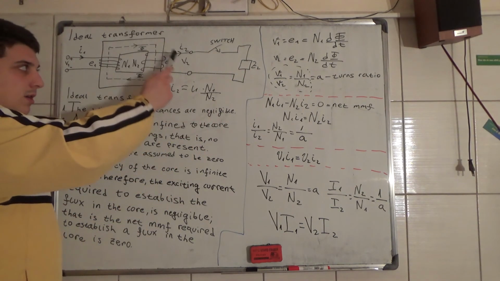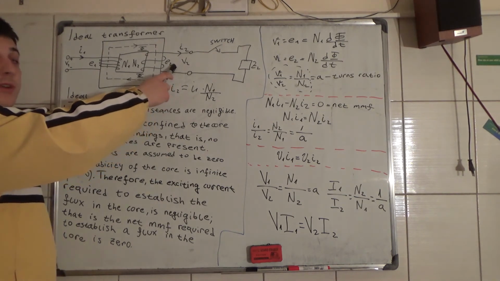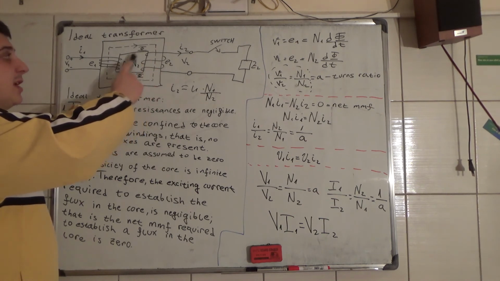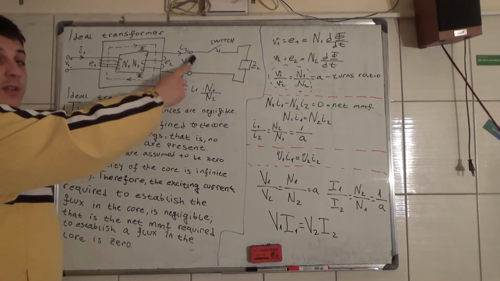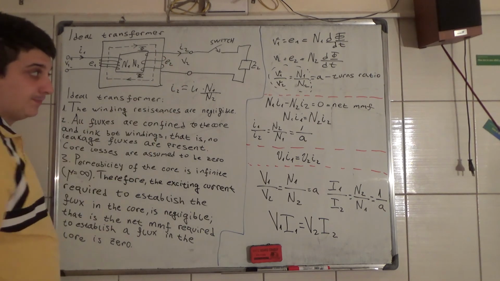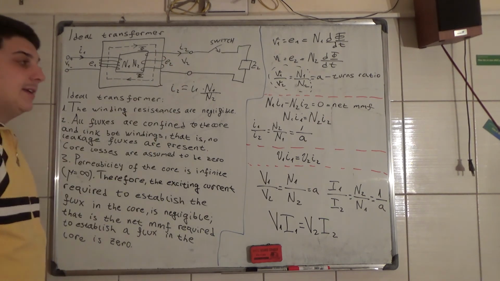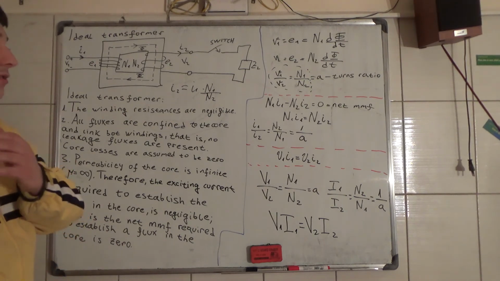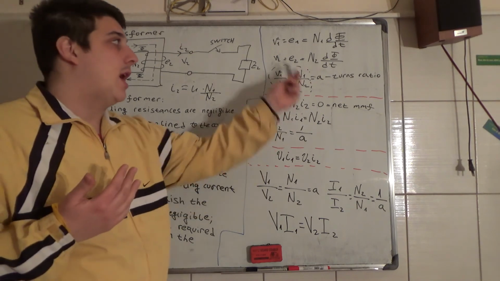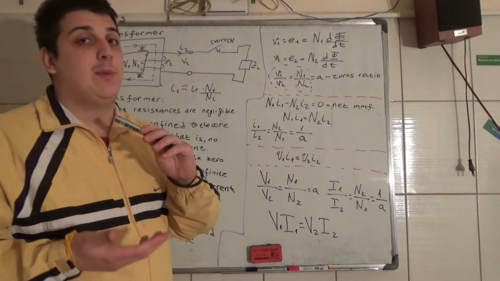If you have a smaller number of turns here than on the primary, the voltage will decrease, but the current will increase. Okay, so now I know that you understand this turns ratio and how we are stepping up and stepping down the voltage.